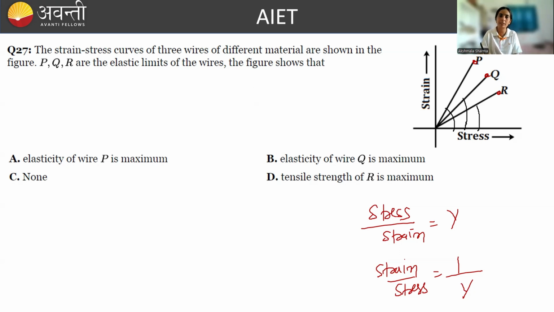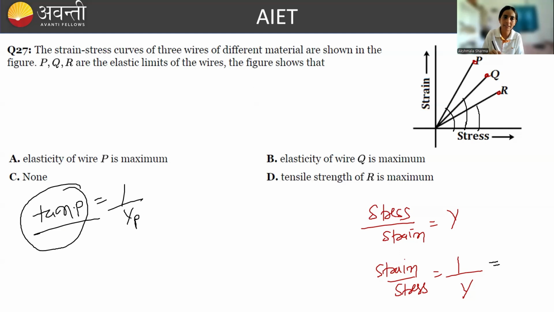Because R is making the minimum angle with the stress axis, so the slope is maximum for P. That is, the 1 by Y value is maximum for P. Then let me write tan P is equal to 1 by YP, and this is the maximum. So if this is maximum, then YP has a tendency of being minimum.